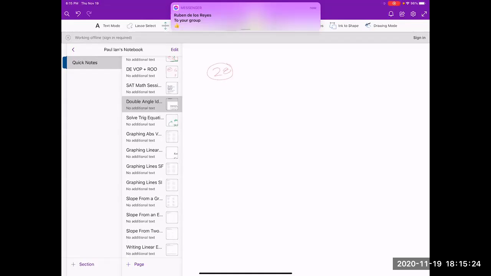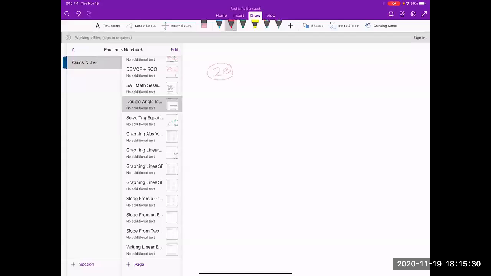Okay, so let me think. They're giving you 3 pi over 4, 5 pi over 4, 7 pi over 4. And if it's pi over 4, if you add 2 pi to this, that would be the other solution.